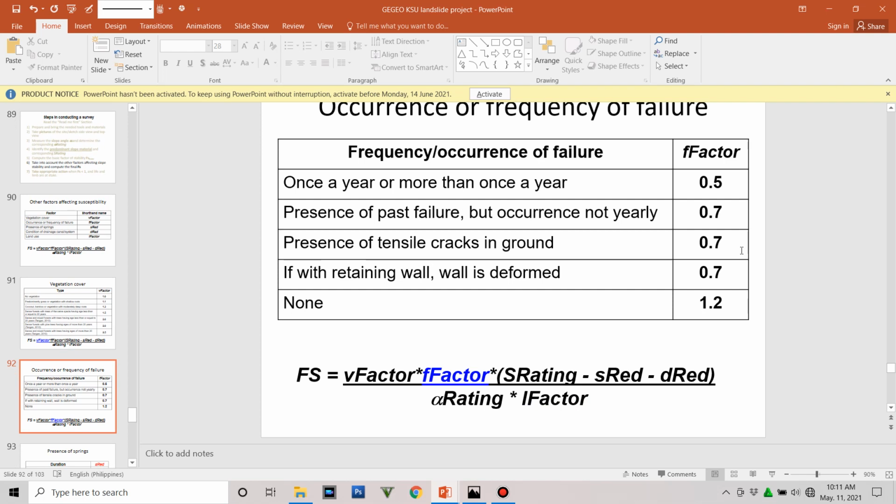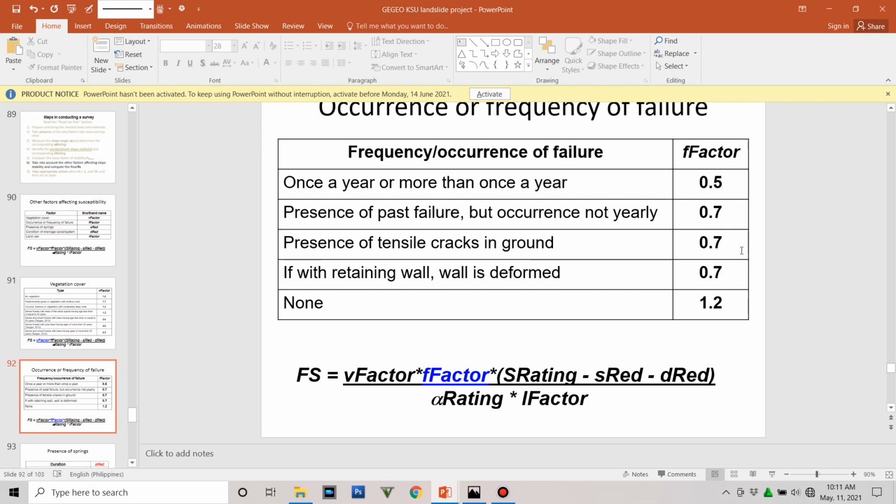Once a year or more than once a year, i-reduce nyo yung factor ng 0.5. And then the presence of failure will reduce your factor of safety by 30%, or that is multiplied by 0.7. The same is true with the presence of tensile cracks and the retaining wall deformation, and if none, mas maganda.